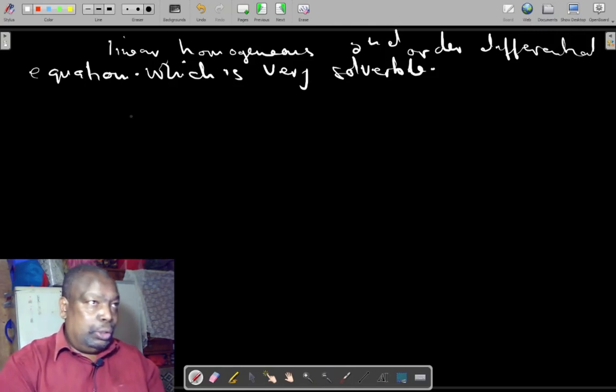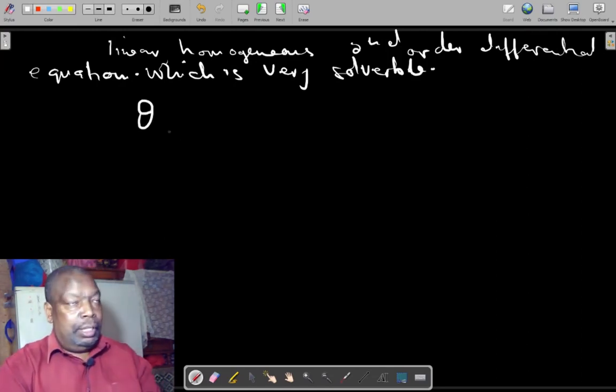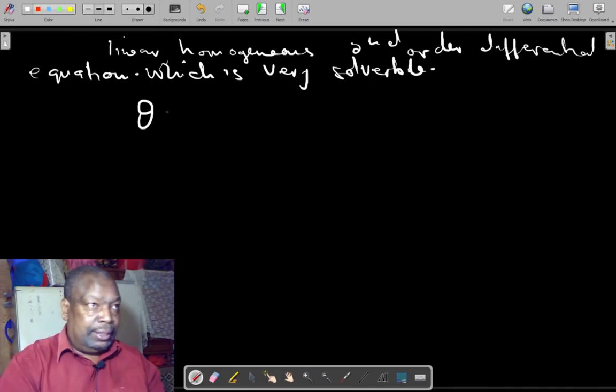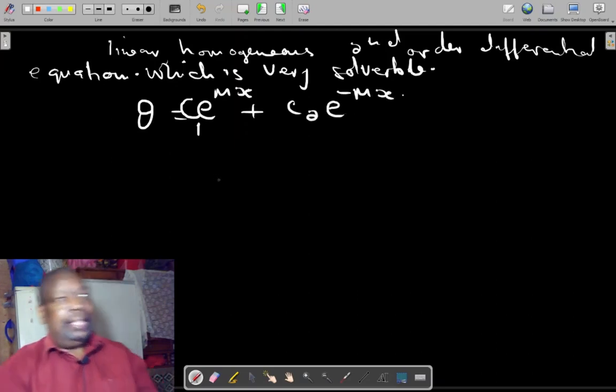And the general solution of that differential equation is theta as a function of x is equal to C1 e raised to the power of mx plus C2 e raised to the power of minus mx.